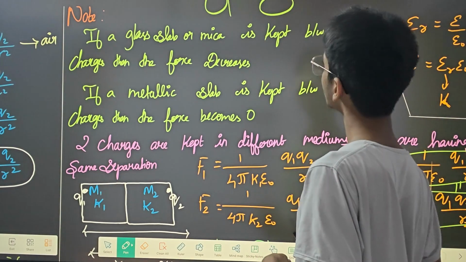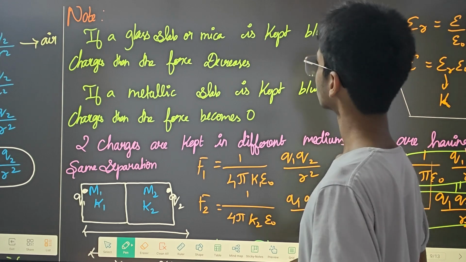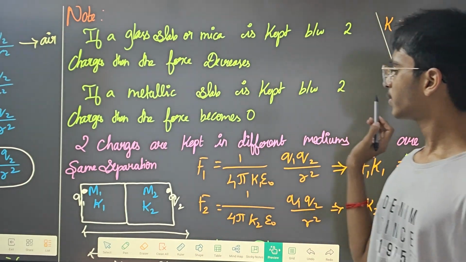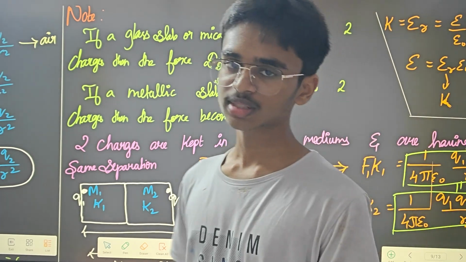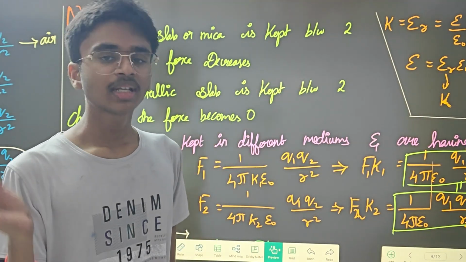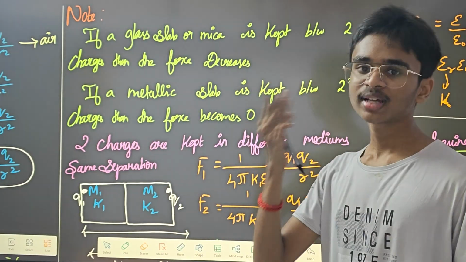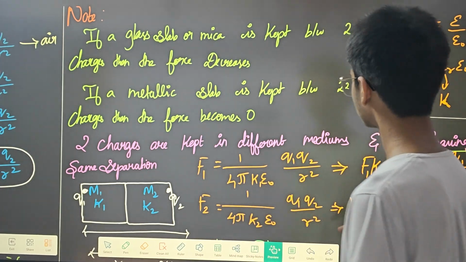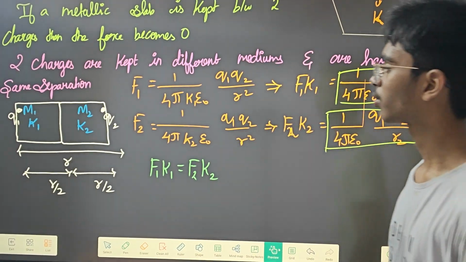It can be a glass slab or just mica, it can be anything. Also, if a metallic slab is kept between two charges, then the force becomes zero itself. The force completely becomes zero, because for metals epsilon r is infinite, so it can literally be termed as 0. Not everywhere, but in some places like this you can take it as 0.